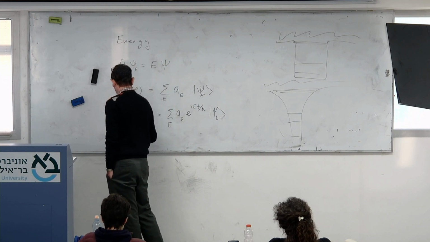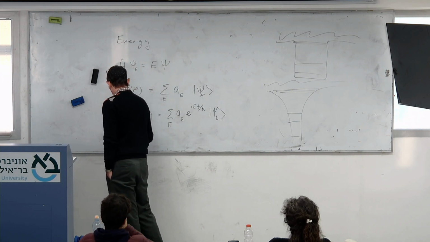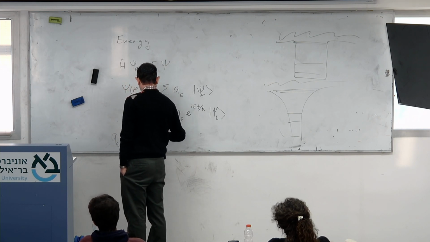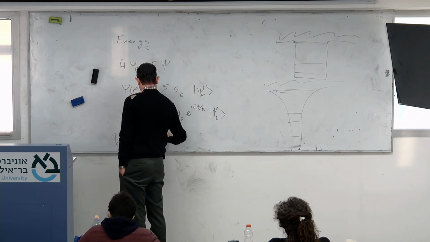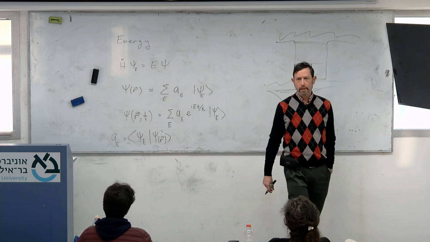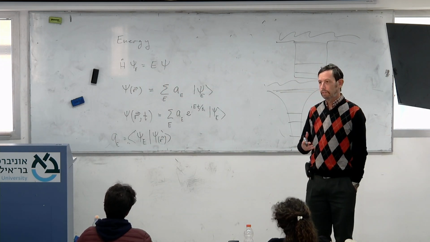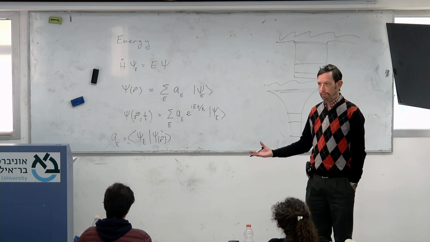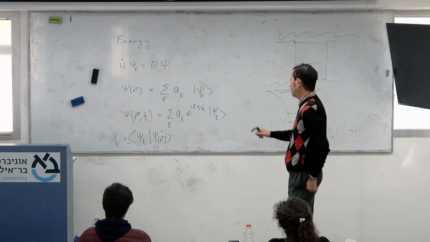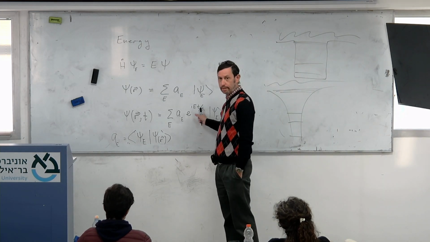Calculate the scalar multiplication of the basis times the wave function, and you have the amplitudes. And since then, smooth sailing.